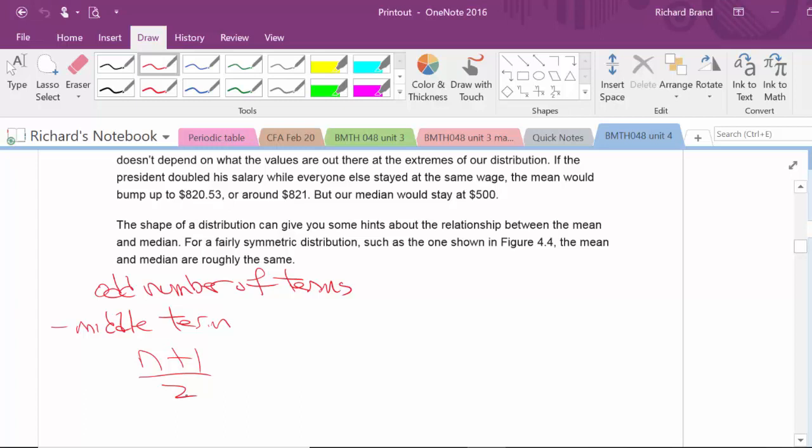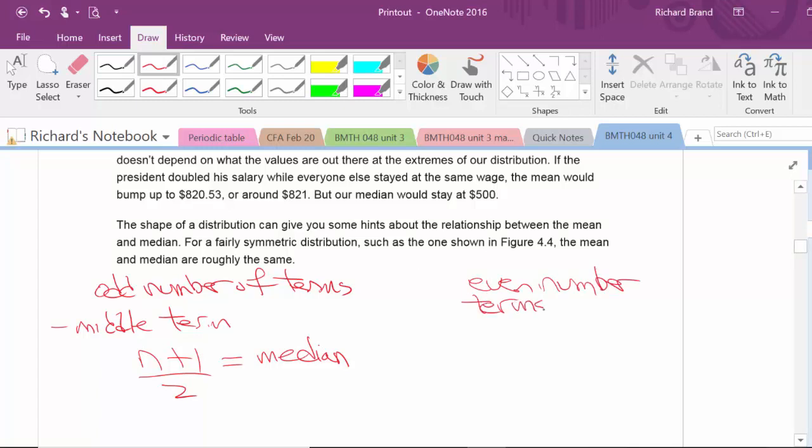The number you get out of here is the location of the median. Just to be clear, it's not the actual value of the median, it's just where the median is in the ranking.